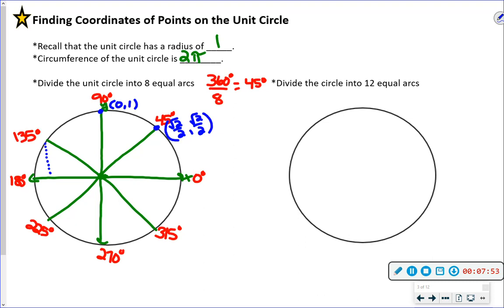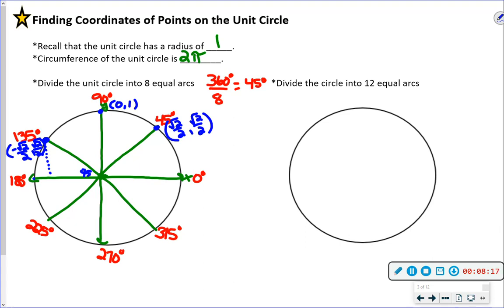Because it's all that square root of 2 over 2. The question is positive, negative, etc. Well, if I want to get to this point, we go left, negative, and up, positive. So negative square root of 2 over 2, positive square root of 2 over 2. Because they would all make your little 45, 90 triangles.